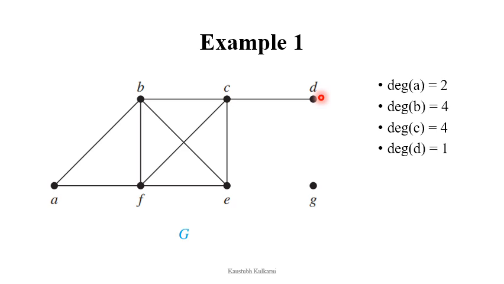Next, we have the vertex E. In case of E, we have the edges EF, EB, and EC. So it is 3. In case of F, we have FA, FB, FC, and FE. So the degree is 4. In case of G, as you can see, there are no connecting edges. This is allowed. This is still a part of the graph.